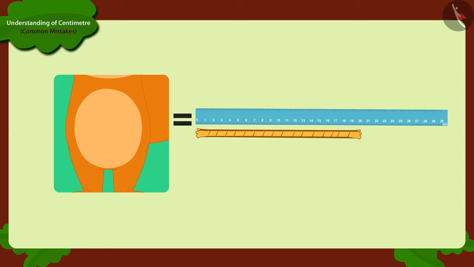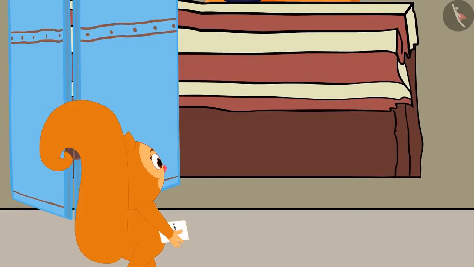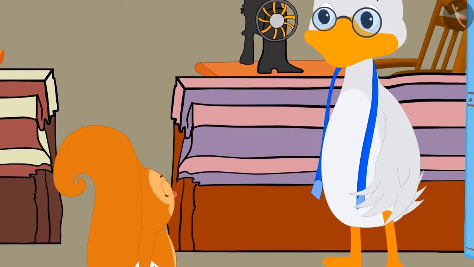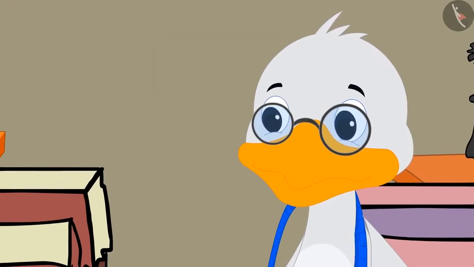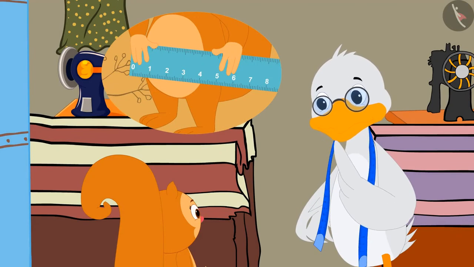It is the right size of the waist of Chanda. In this way, how many centimeters is the correct measurement of Chanda's waist? 20 centimeter. When Chanda reached out to Babble uncle with her own measure, he also explained to Chanda about the mistake that she made.